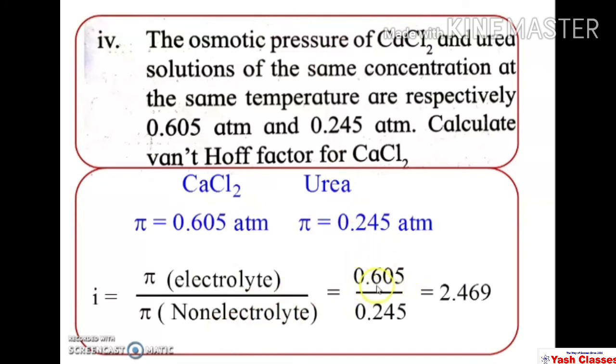This is the osmotic pressure of electrolyte, that is calcium chloride, upon 0.245. This is the colligative property or osmotic pressure of non-electrolyte, that is urea. When we solve this, it comes 2.469. So this is the Van't Hoff factor i for calcium chloride.